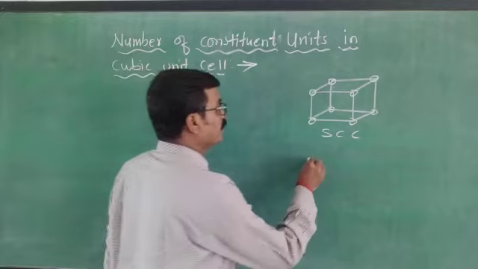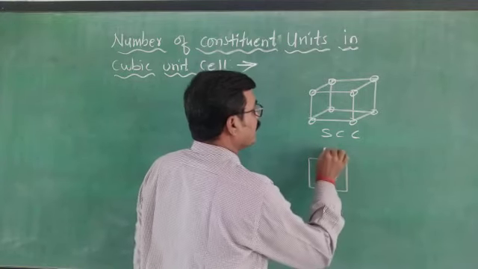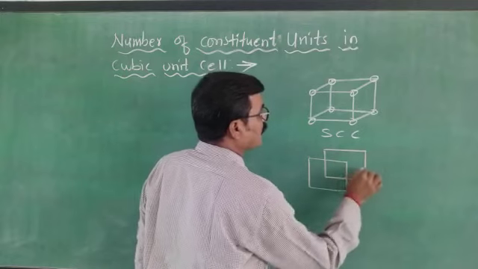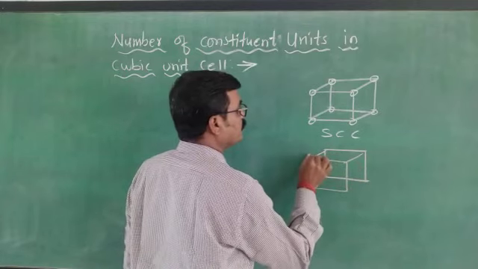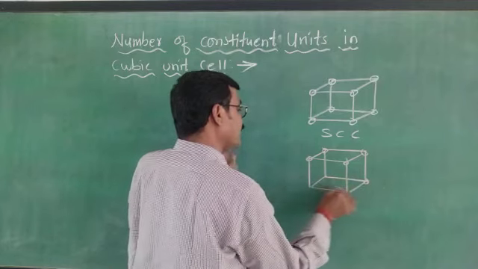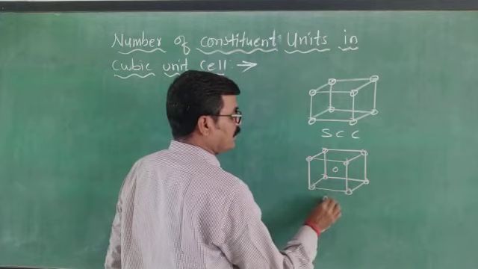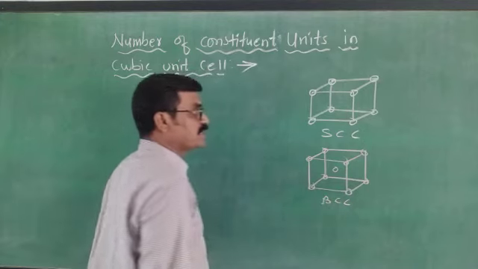Also, if we have a cube and 8 atoms at the 8 corners of the cube, and one more additional atom is present at the center, then it will be a body centered cubic crystal.